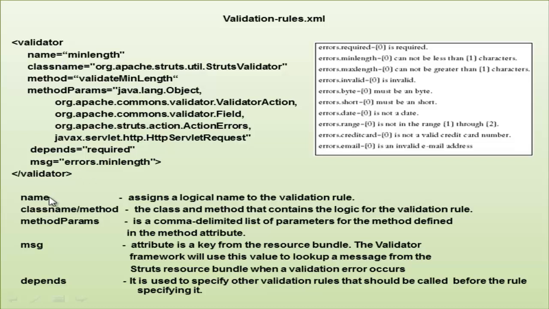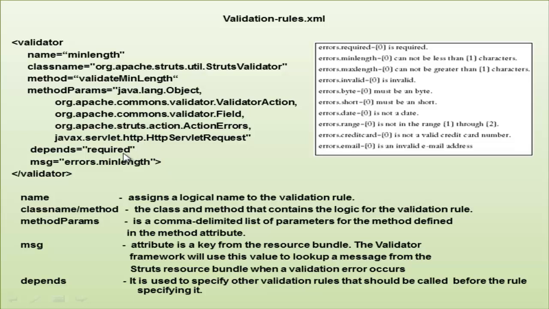The rule has a name, the class name, and the method that you are going to use, and all the parameters that this method requires. Then it says which are the other methods on which it depends. For example, minimum length depends on required. Before calling it, it's going to call the first required, then it's going to perform the current action.